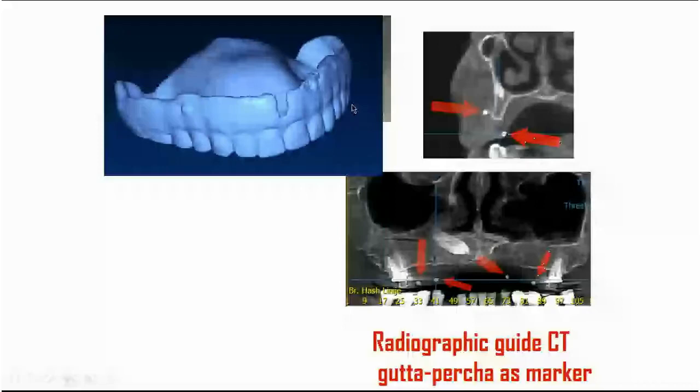And then we have surface characteristics, and we also have the position of the gutta percha markers.